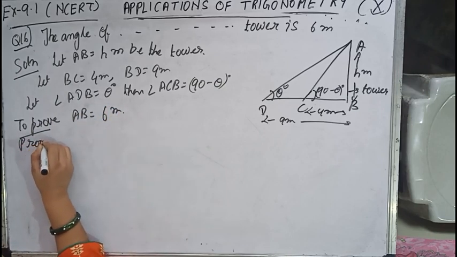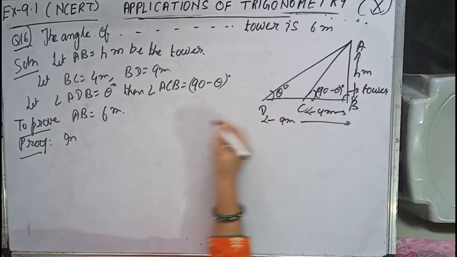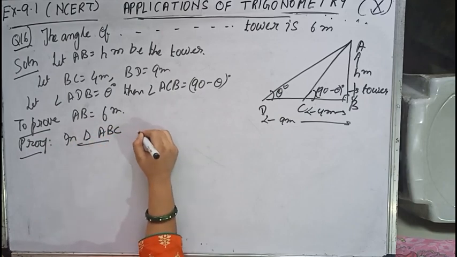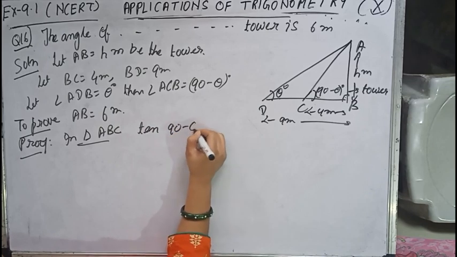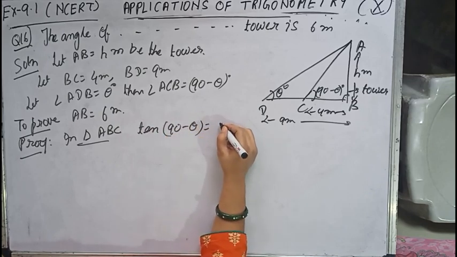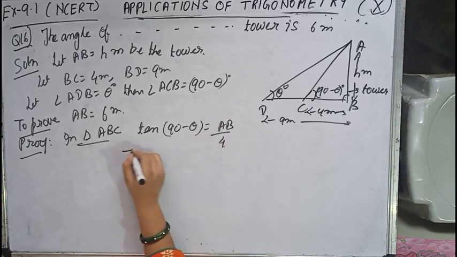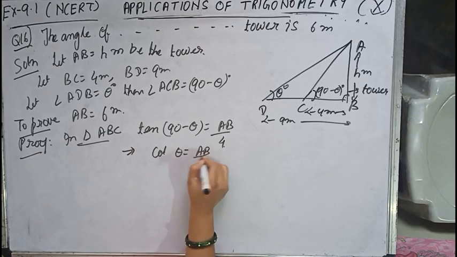Now proof part, let us start. Let us make it 90 degree. In triangle ABC, tan of 90 minus theta equals AB by BC. This implies cot theta equals AB by 4.